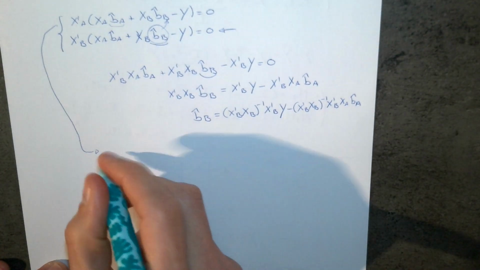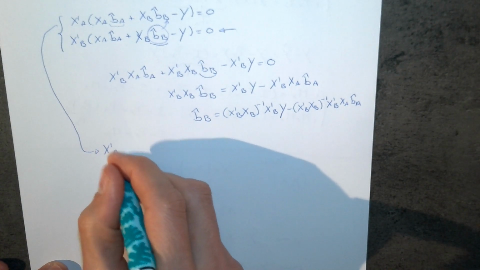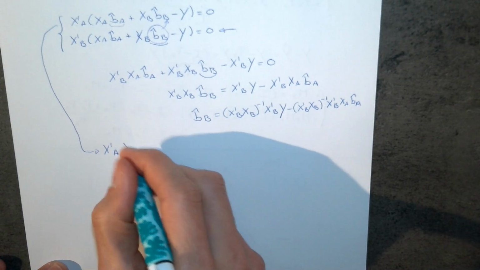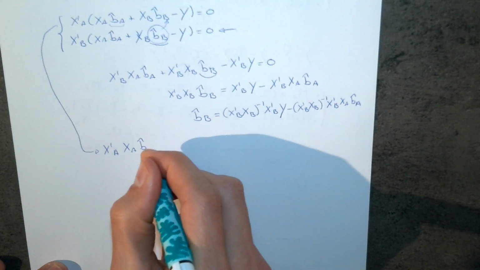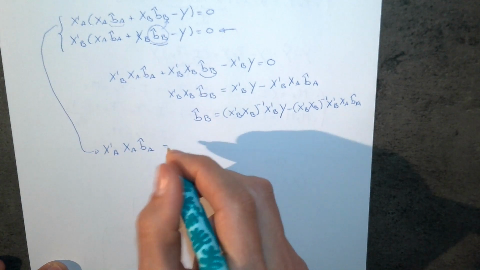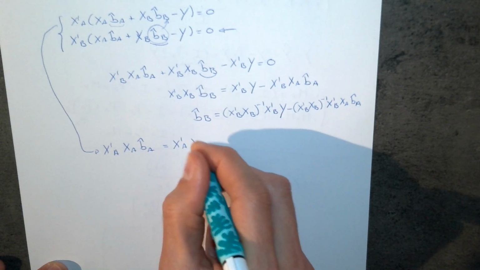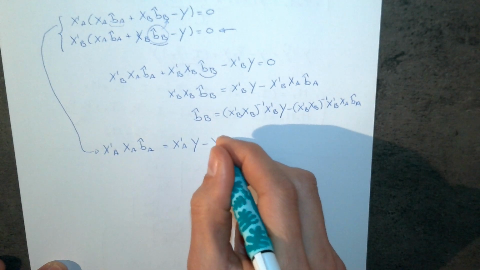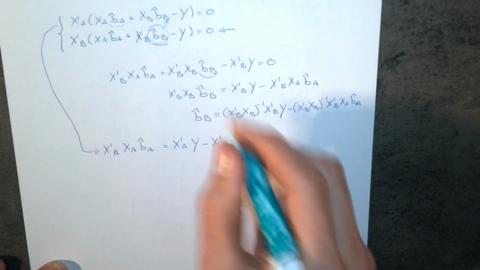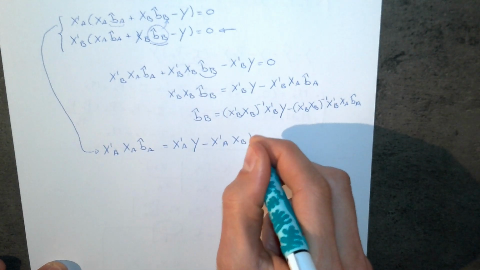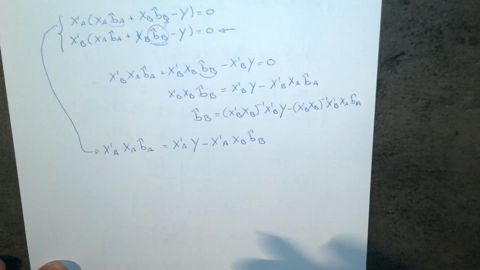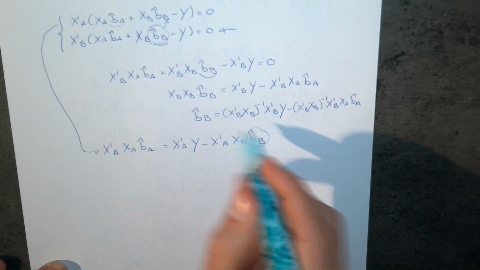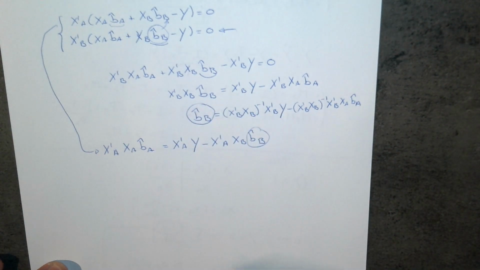So the first equation can be rewritten as x prime a xa b hat a is equal to x prime a y minus x prime a xb b hat b. Okay, and here we have the b hat b, and we're going to substitute this by this.